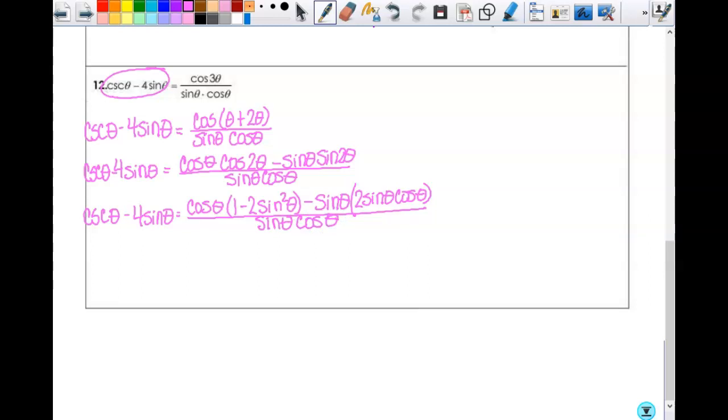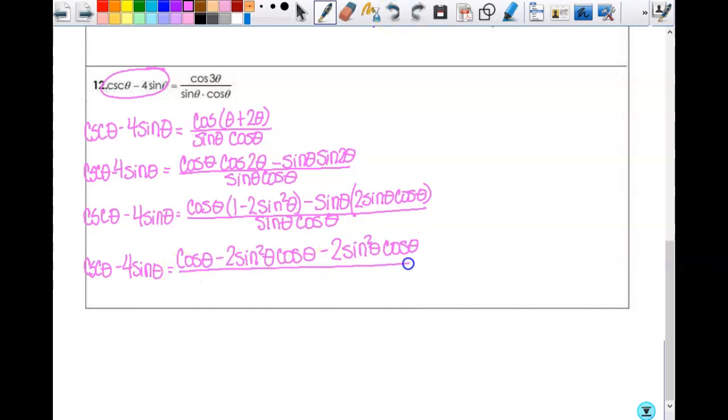Okay, so now I think I'm just going to distribute. So this is going to give me, on the left, cosecant theta minus 4 sine theta equals. So I'm going to distribute here. This is going to give me cosine theta minus 2 sine squared theta cosine theta minus 2 sine squared theta cosine theta. Oh, I don't need a parenthesis there.